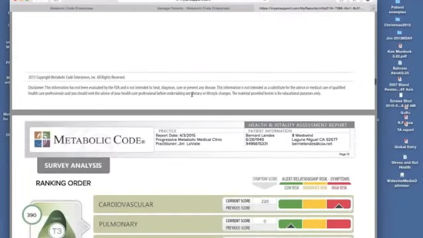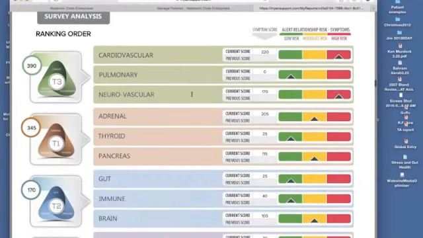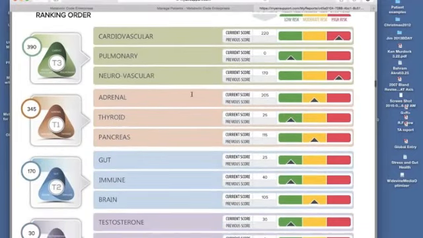So the next thing we look at is his ranking order on his questionnaire. Because it's one thing, as we well know, you have people that come in and their labs look perfect and they give you all kinds of symptoms they're having. Does it mean that they're a head case? No, not necessarily. It means that their labs haven't changed yet to reflect the way they're feeling.